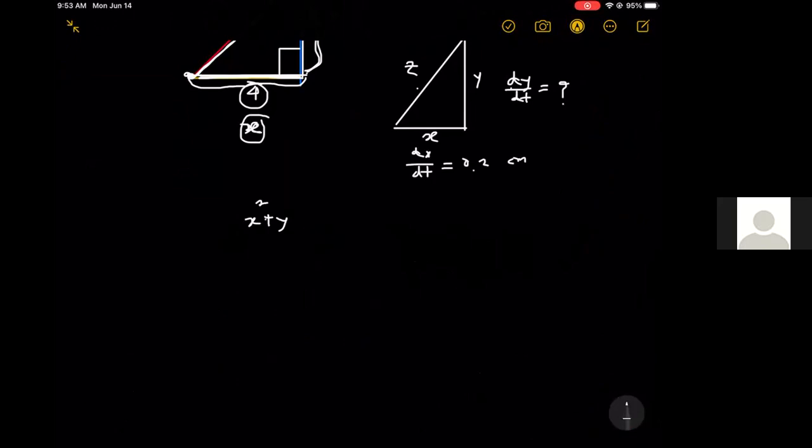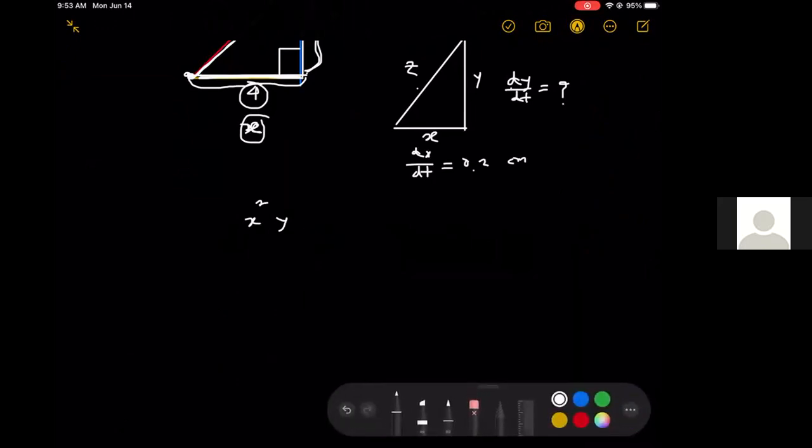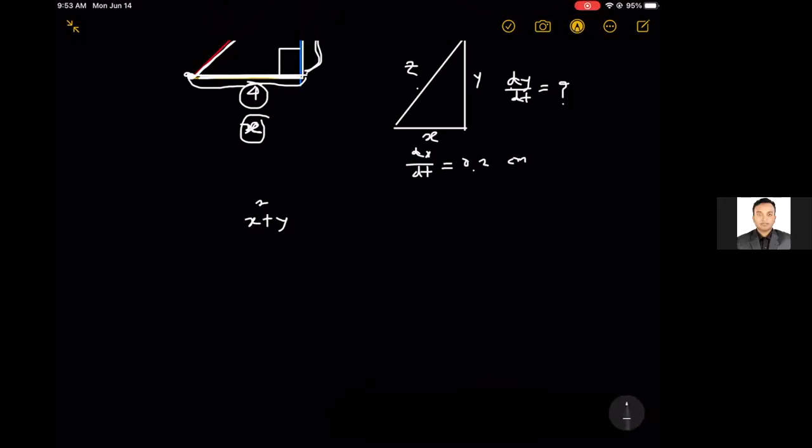For y, it would be the square root of 5 minus x squared. Yeah, but I don't really need that now. If I need that, I can do that. Yeah, definitely. You can actually find the explicit version for y.